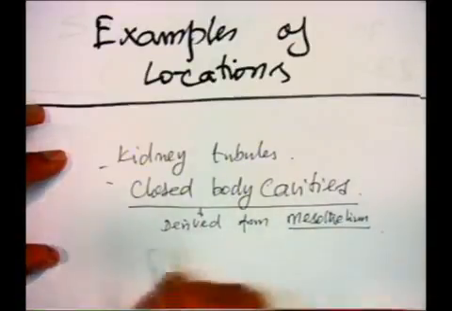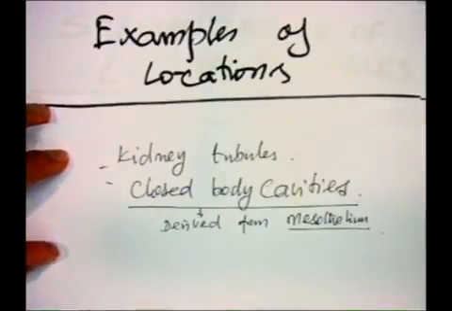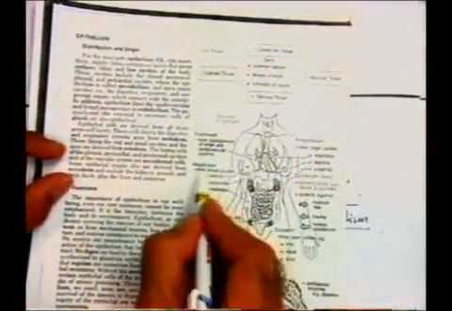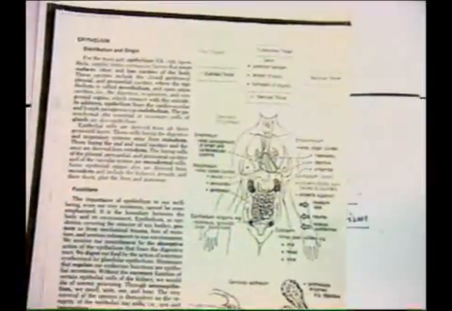Okay, mesothelium is the one which we discussed earlier with the picture which I showed you. I'll remind you what mesothelium is here. You see that one is a mesothelium, lining closed cavities. I will come back to that a bit later.